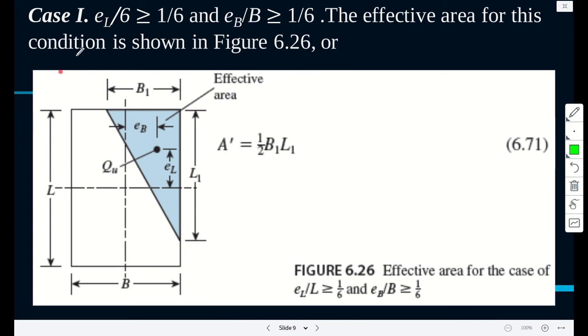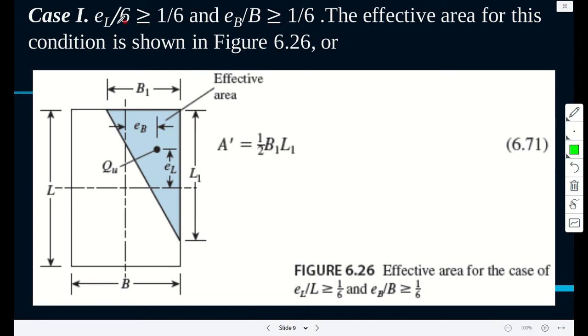Case one, where eL over L is greater than or equal to 1 over 6, and remember the 1 over 6 has something to do with the eccentricity not being more than B over 6. And eB over B is greater than or equal to 1 over 6, the effective area for this condition is as shown.